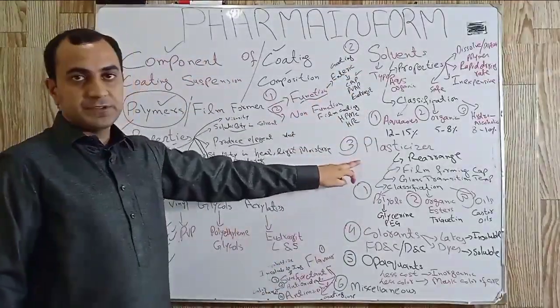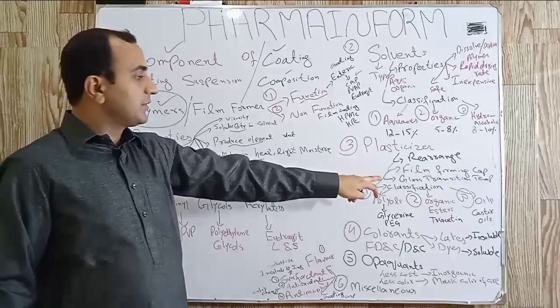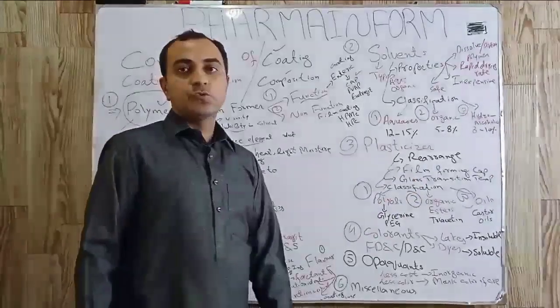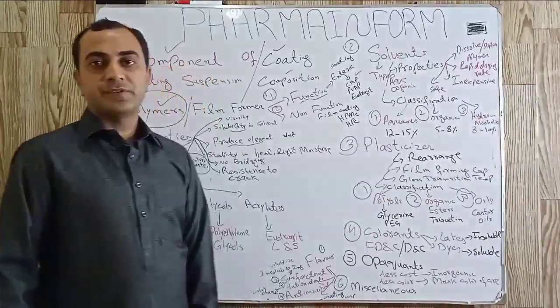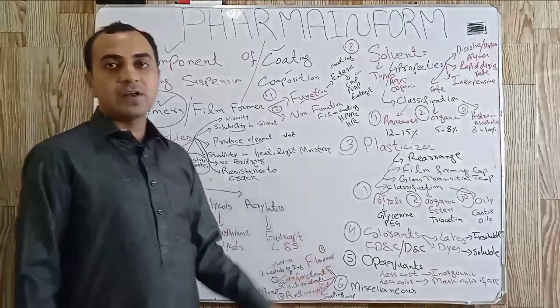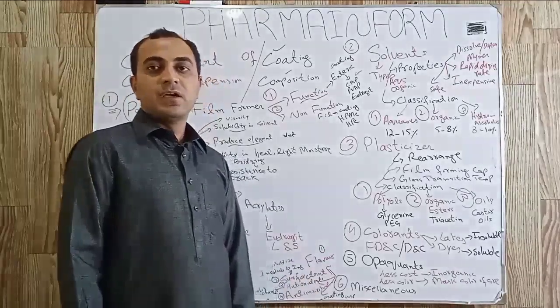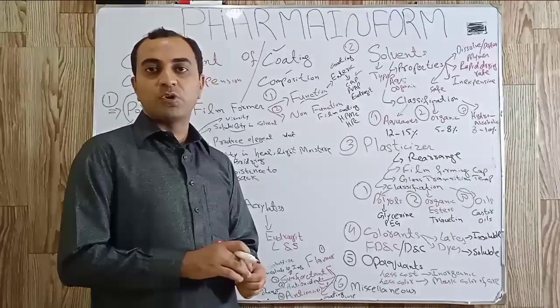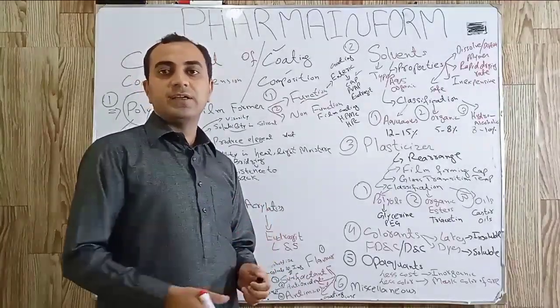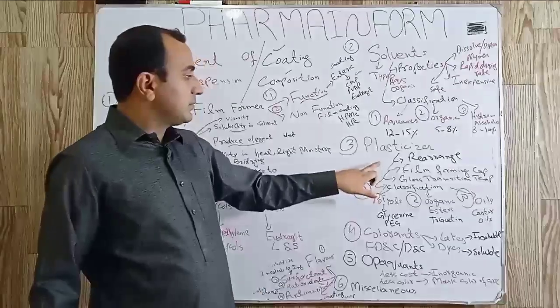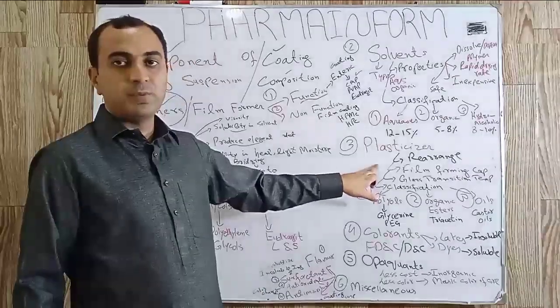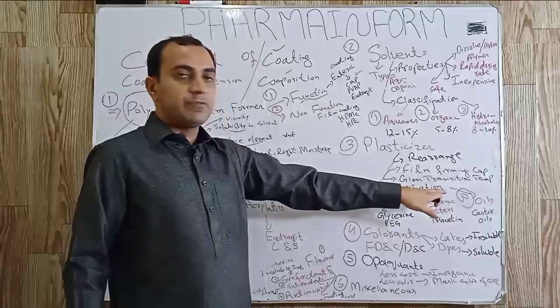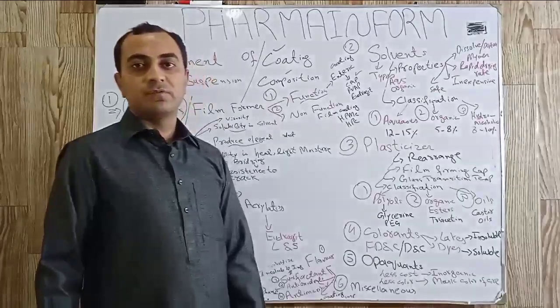Now we have plasticizers. Plasticizers are basically used to enhance the film forming capacity of our polymer. Polymers are long chain molecules and plasticizers break the interaction of polymer chains, rearrange themselves and modify the structure of polymer and enhance the film forming capacity of the polymer.